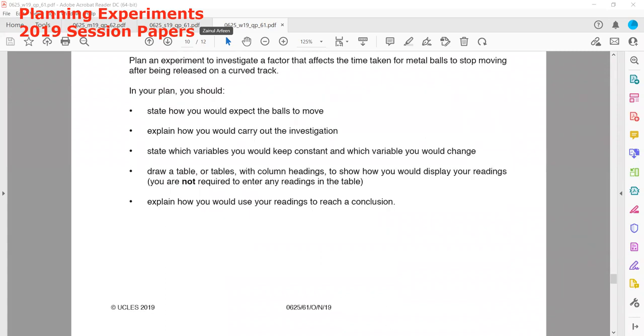So what we expect in this experiment is that the ball will vibrate or move to and fro, and eventually it will stop.